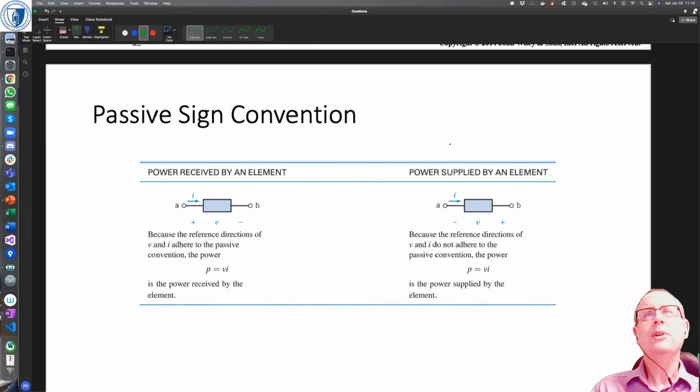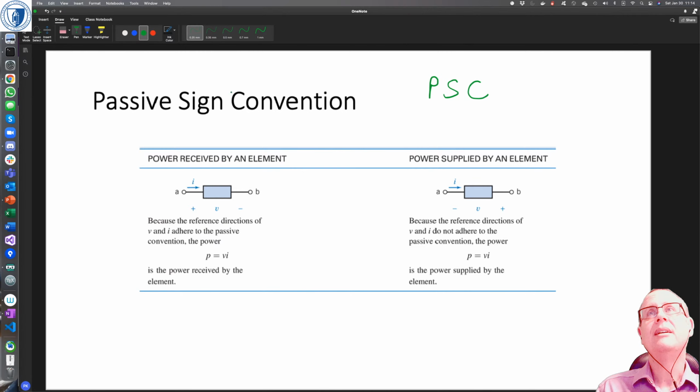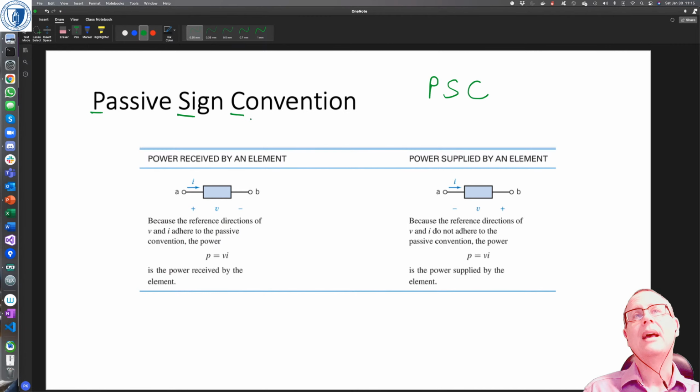In order to get around that, there's a convention that we try and follow called the passive sign convention. I'm usually going to write that in shorthand as PSC.